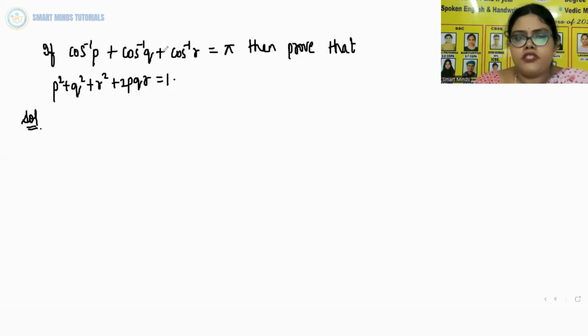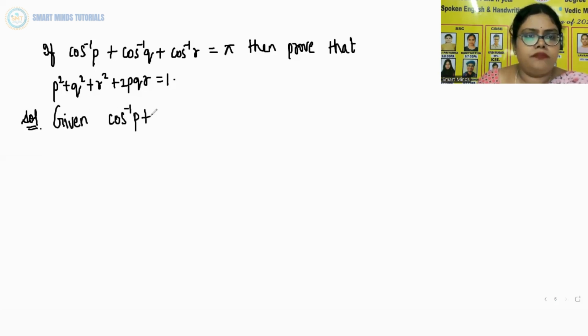If cos^-1 P + cos^-1 Q + cos^-1 R = pi, then prove that P^2 + Q^2 + R^2 + 2PQR = 1. First, what is given to us? cos^-1 P + cos^-1 Q + cos^-1 R = pi.